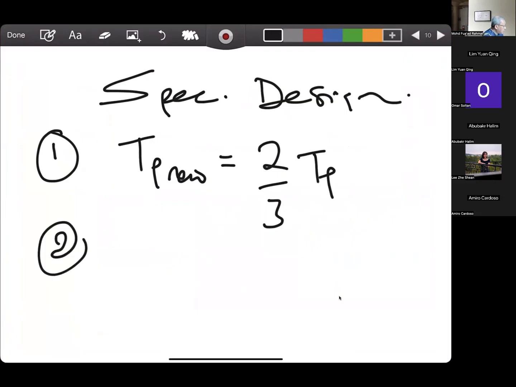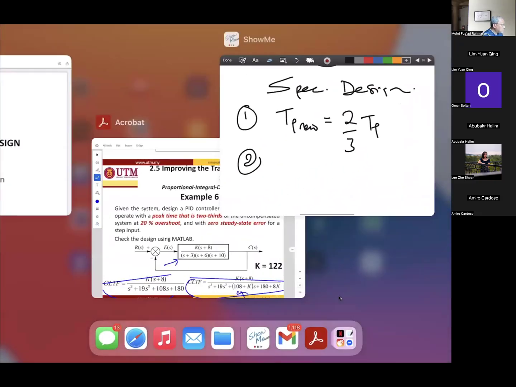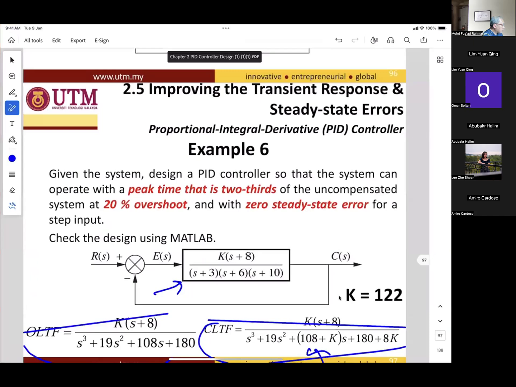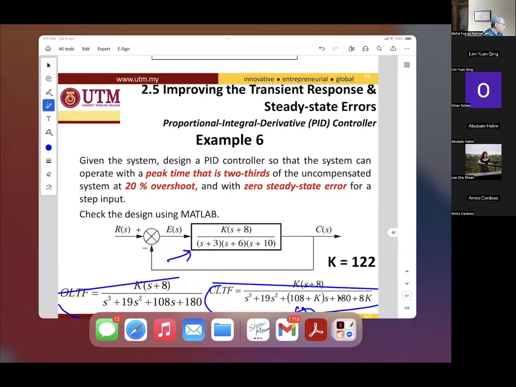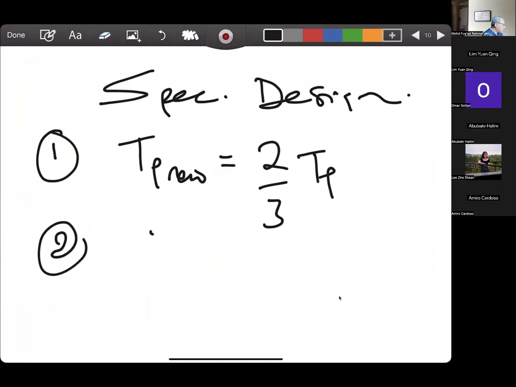Number 2, Lee? 20% overshoot. Percentage of overshoot equals 20%. So this one will go to zeta.